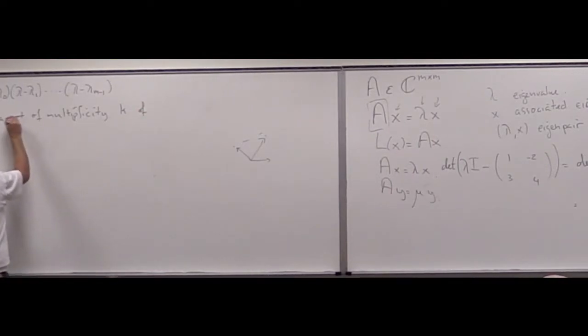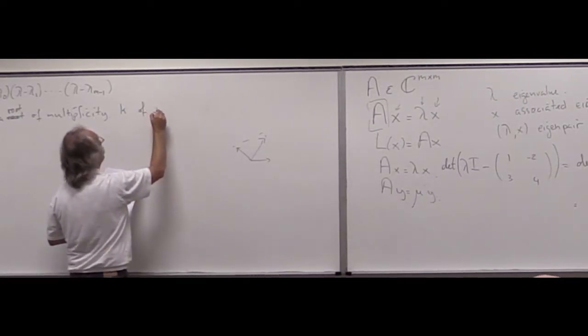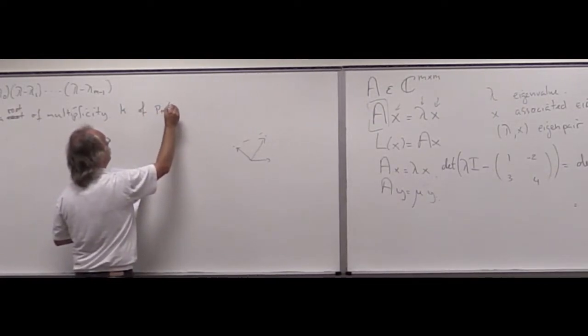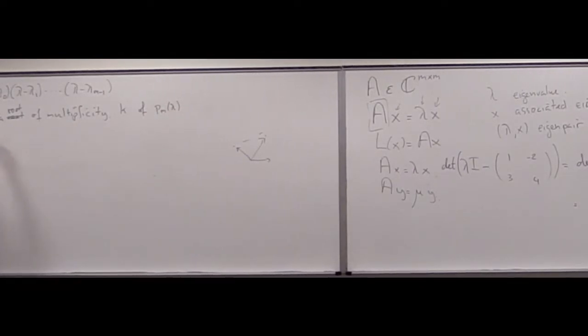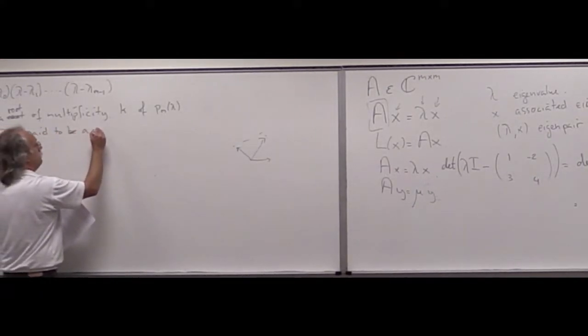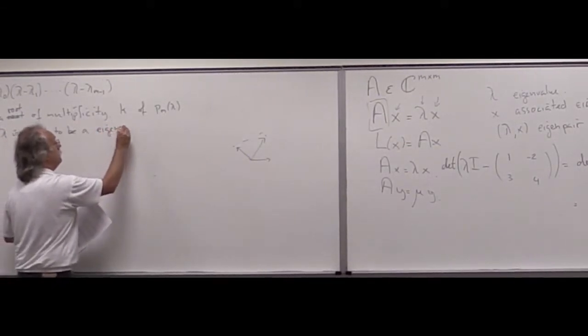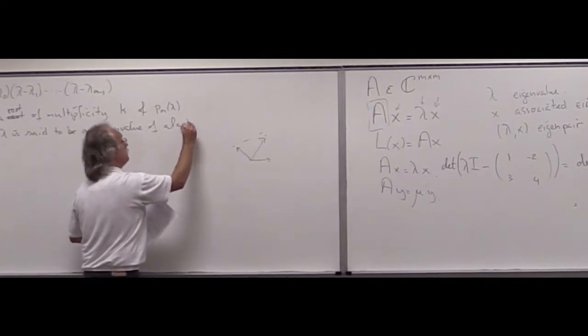Is a root. Then lambda is said to be the eigenvalue of algebraic multiplicity.